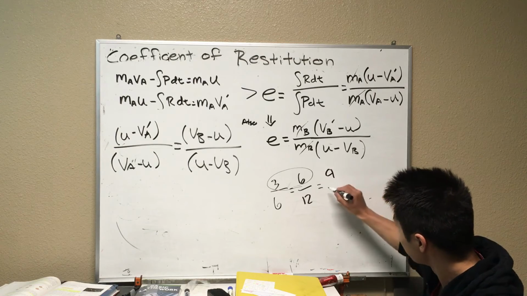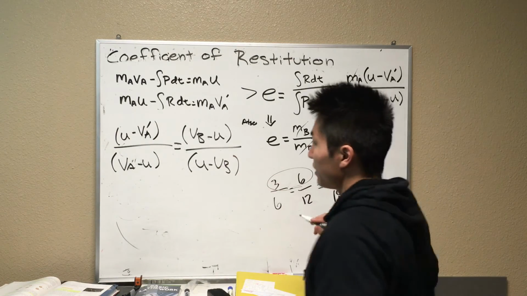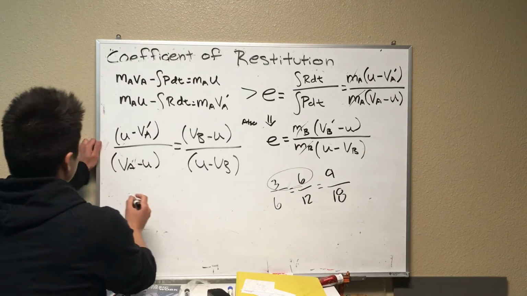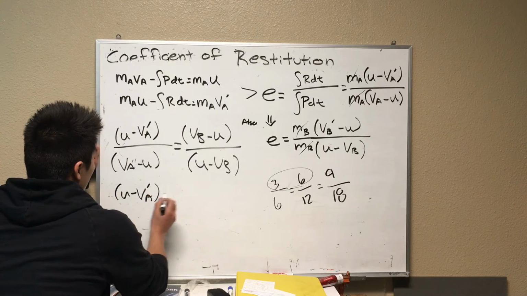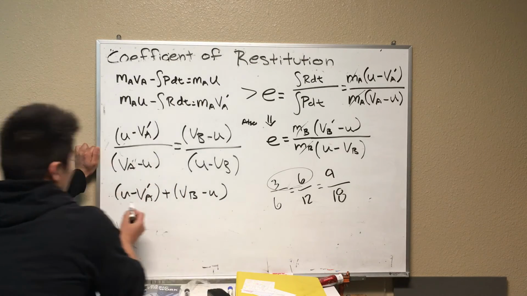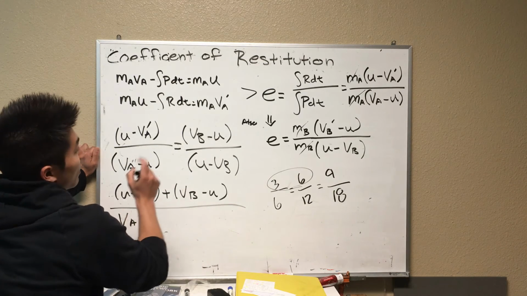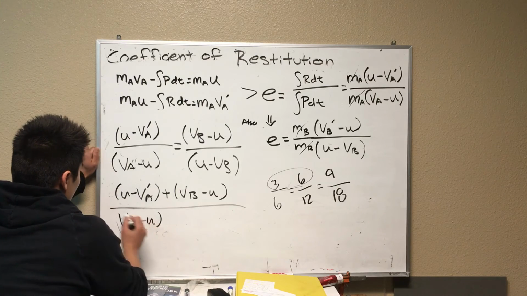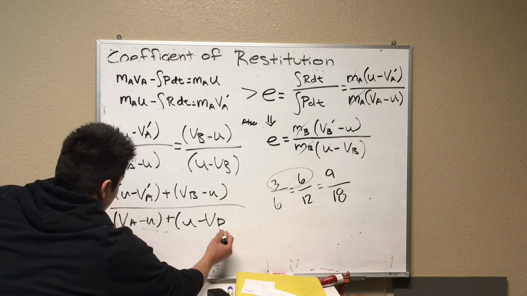Using that same property, we're going to apply it here. So then we have u minus v_A final plus v_B minus u, all over v_A minus u added by u minus v_B.